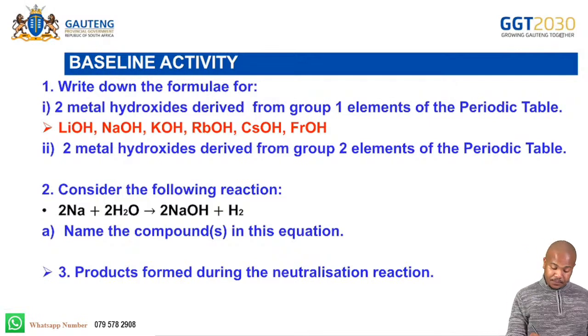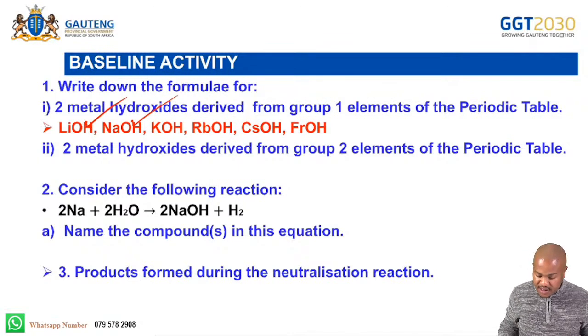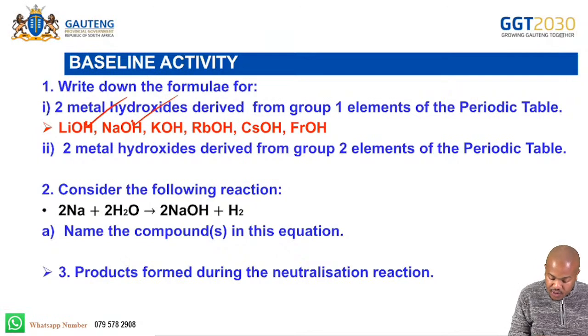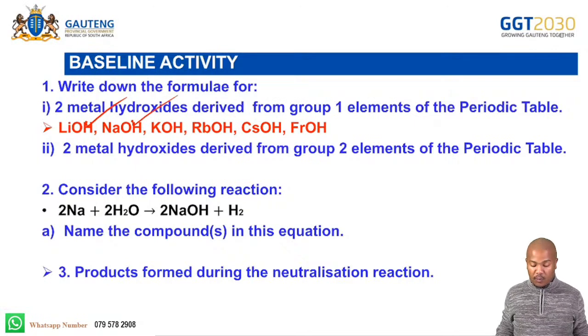So we have lithium hydroxide, sodium hydroxide, potassium hydroxide, rubidium hydroxide, calcium hydroxide, and so on, right? So, but you can choose any two that you have written amongst these, right? Because we only require 2 from you.